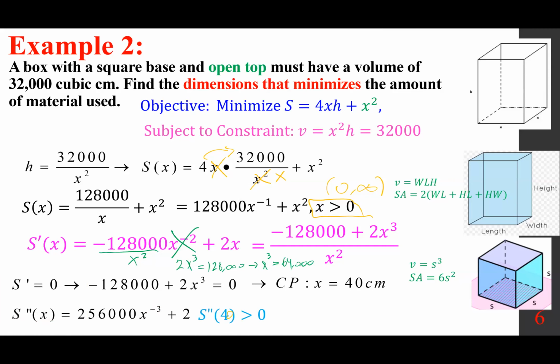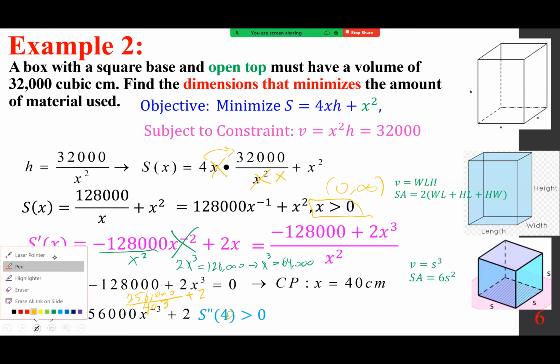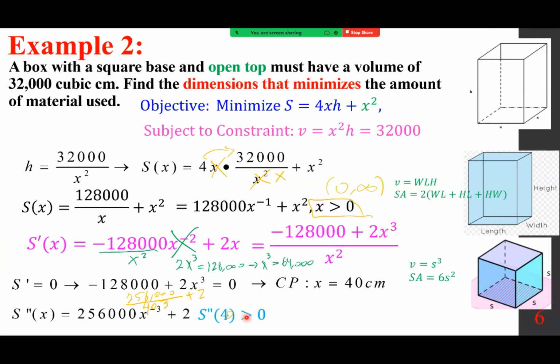Because if I plug in 40, I get 256,000 divided by 40 cubed plus 2. And again, notice, you don't even have to evaluate this. This is some number which is positive. Plus 2 makes it even more positive. We just want to know if it's positive or negative. Needless to say, you can actually calculate it, but I'm interested in the sign. It's positive. That means concave up, that means minimum, because concave up looks like that.